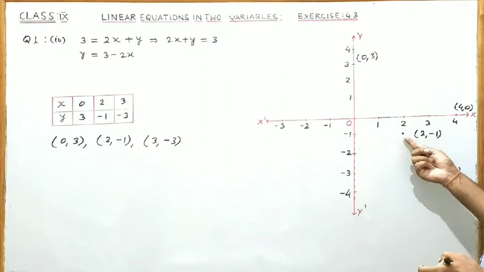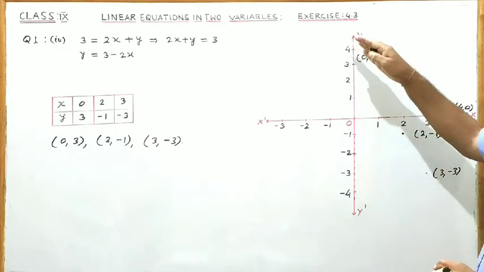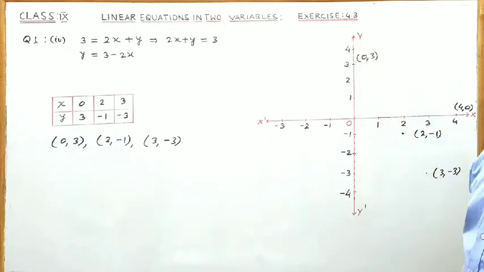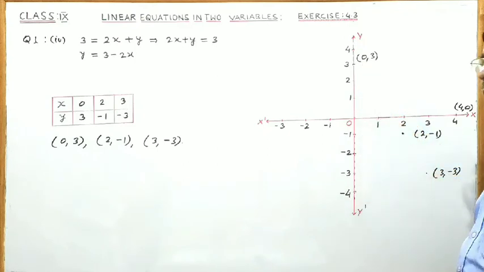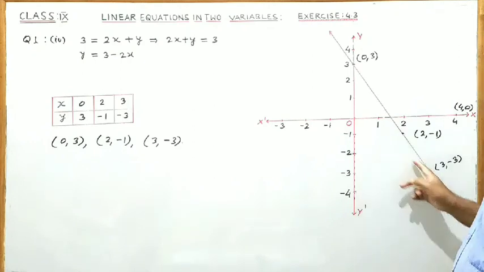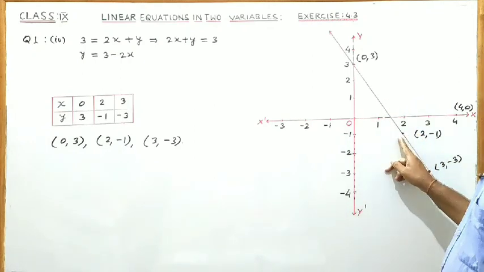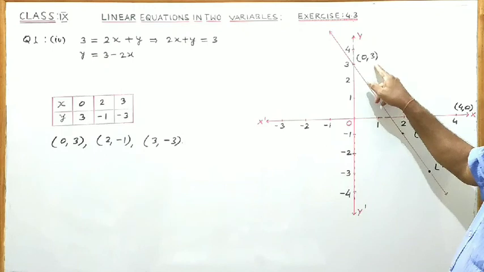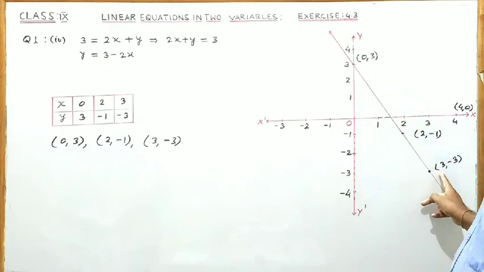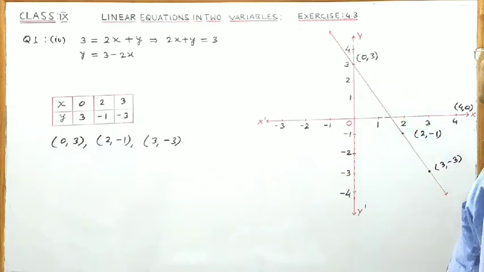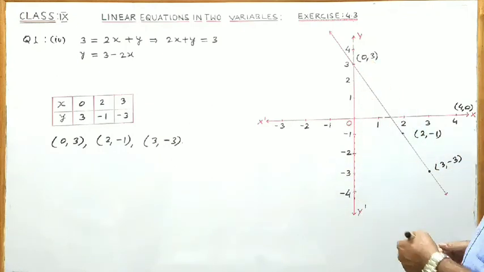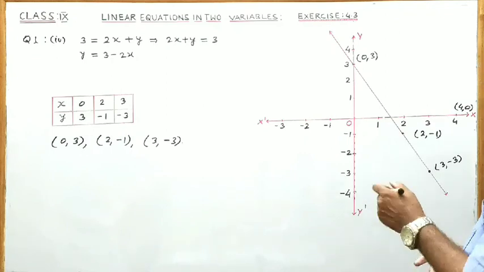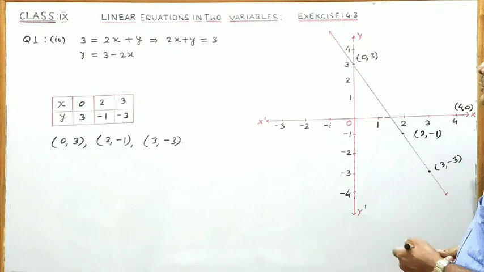Now these 3 points we have to join with the help of ruler and draw a straight line passing through these 3 points. So this way, joining 3 points (0, 3), (2, minus 1) and (3, minus 3), this straight line is drawn, and this is the graph of the linear equation 3 equal to 2x plus y, or you can say 2x plus y equal to 3.